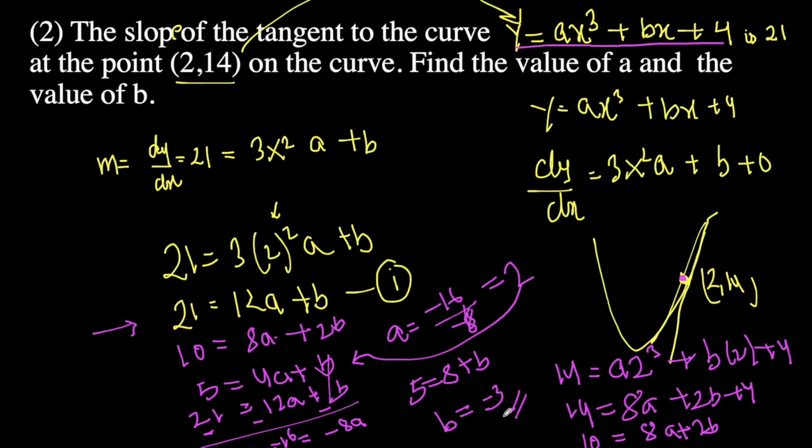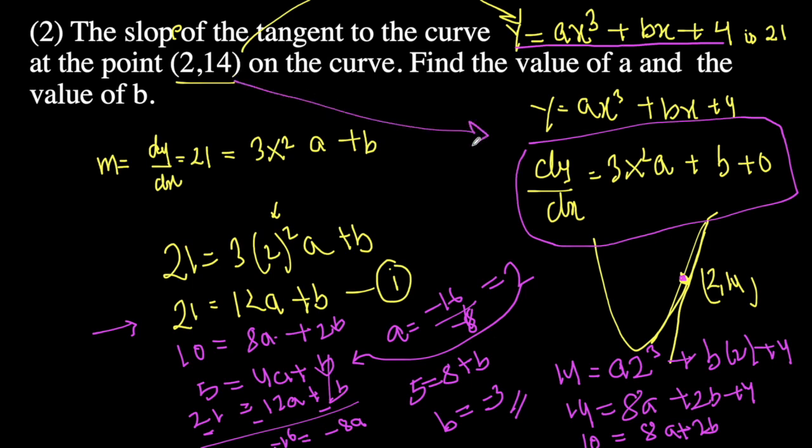So we have got the value of a and b both. What we did is, the slope was given and the point was given, so we calculated dy by dx, put this point in and got one equation, then put the point into the original equation and got another equation, and we solved them simultaneously.